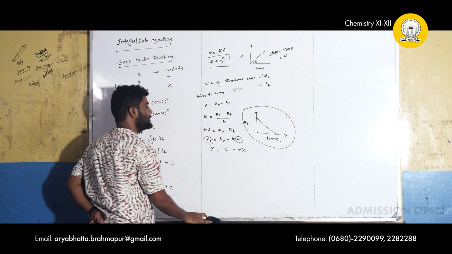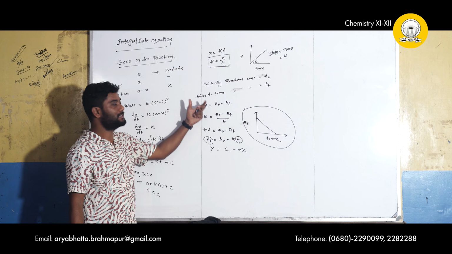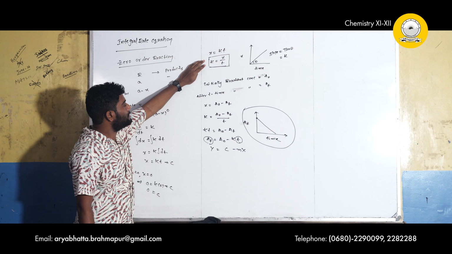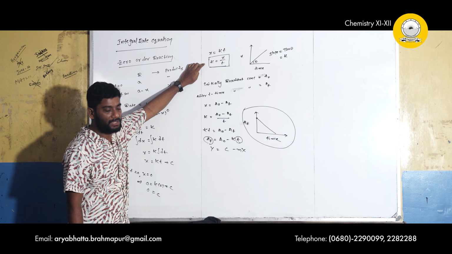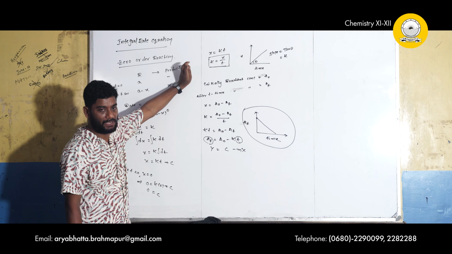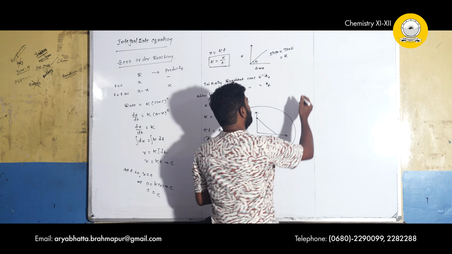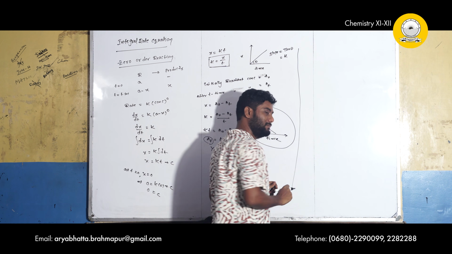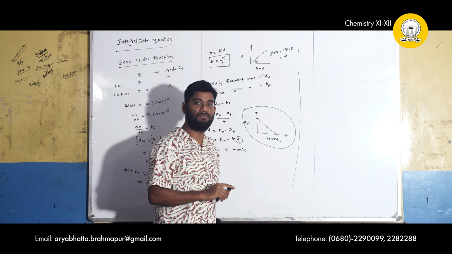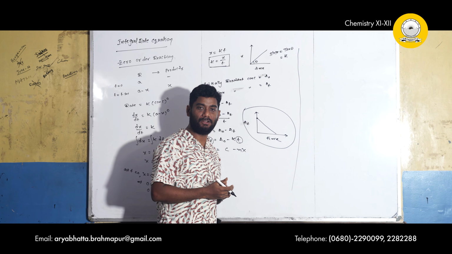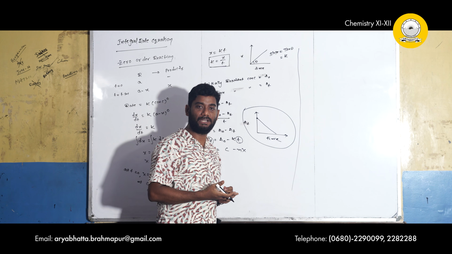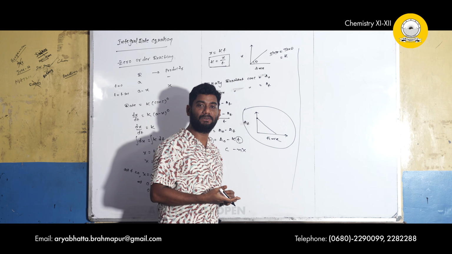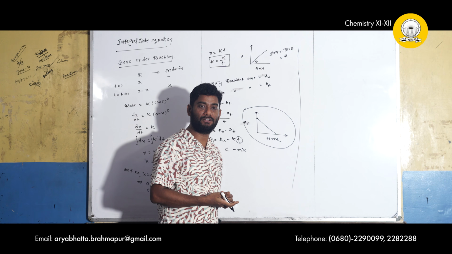Now we discuss the applications of the zero order reaction. For solving applications, you have to remember this expression, k equal to x by t. Suppose the application is half-life. The question may ask for half-life, meaning half of the reactant, or t 25%, which is 25% of the reactant, or t 100%, which is 100% of the reactant.